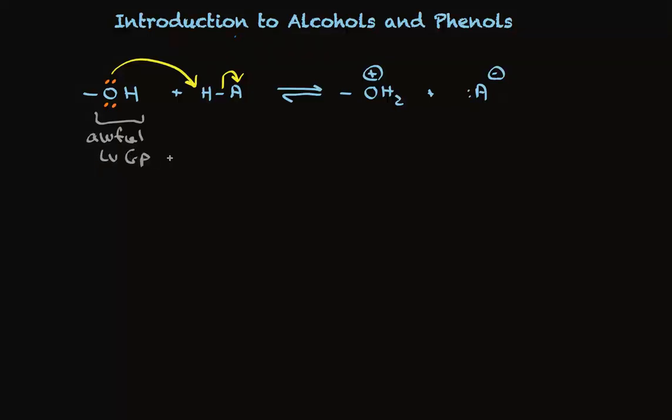But this is a good leaving group. So we have seen this acid-base chemistry of the hydroxyl group in the context of substitution reactions and elimination reactions to make alkenes.